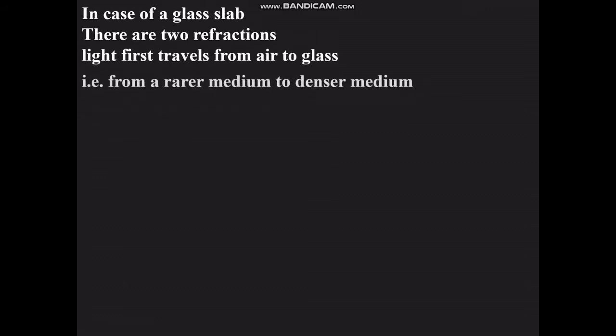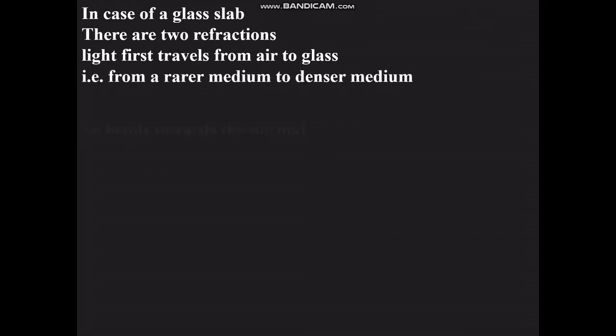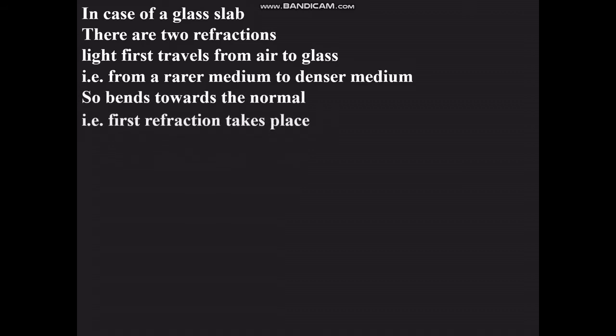Now, children, in case of a glass slab, there are two refractions. First, light travels from air to glass, that is, from rarer medium to denser medium. So it bends towards the normal. This is the first refraction that takes place.